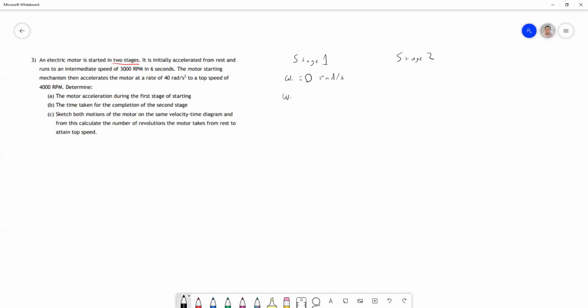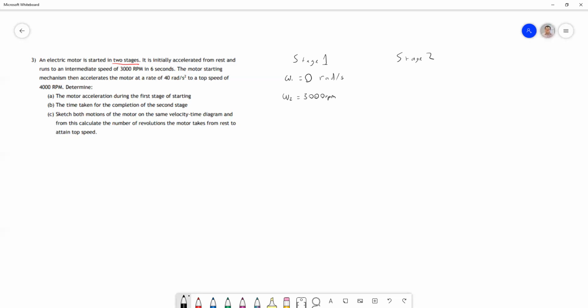And then we have omega-2, and we're told this is 3000 RPM. We know straight away that we will have to convert this. The way we can convert RPM is by multiplying by 2 pi and dividing by 60. Multiplying by 2 pi converts revolutions into radians, and dividing by 60 changes it from per minute to per second.